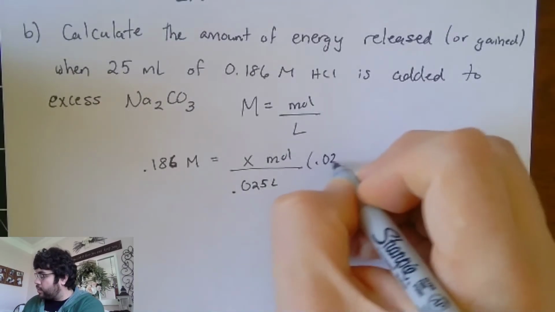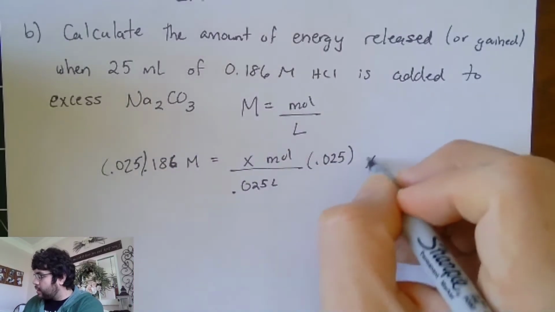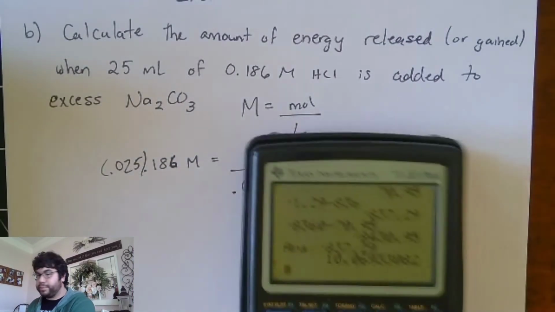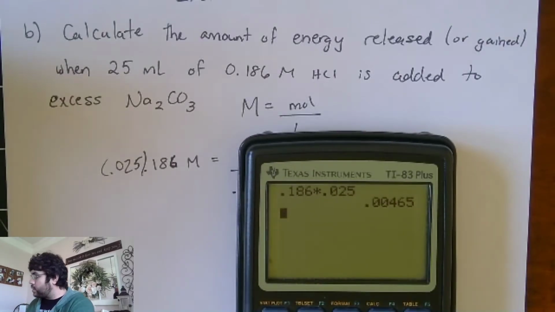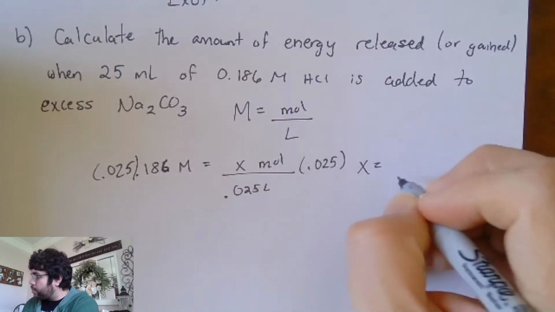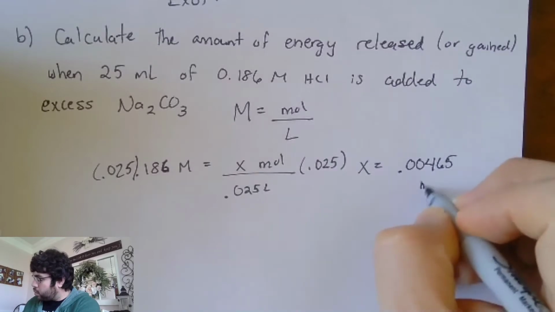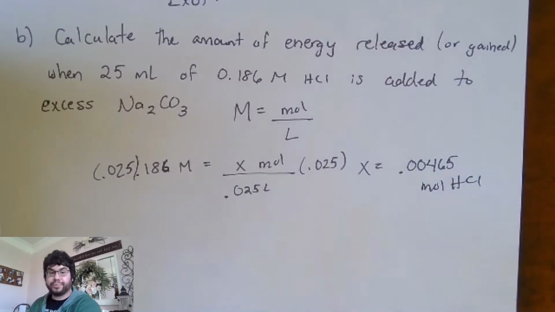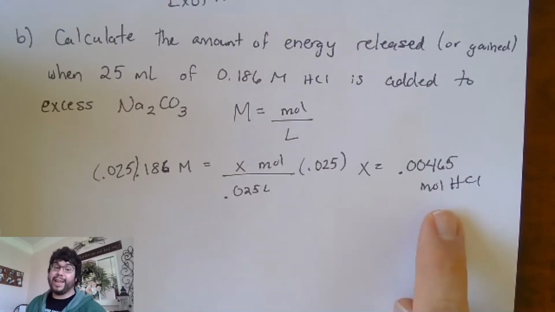So 0.025 multiplied on both sides. So X is equal to, let's do the math, 0.186 times 0.025, 0.00465. I'll hold all the sig figs for right now. 0.00465 moles of HCl. Cool. So that's how many moles of HCl are going to react.